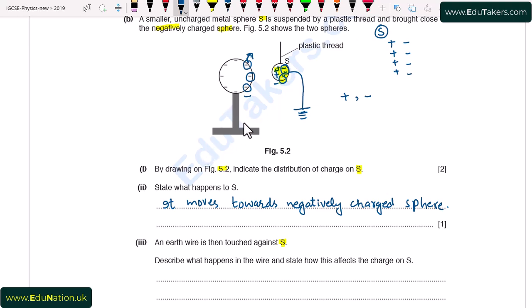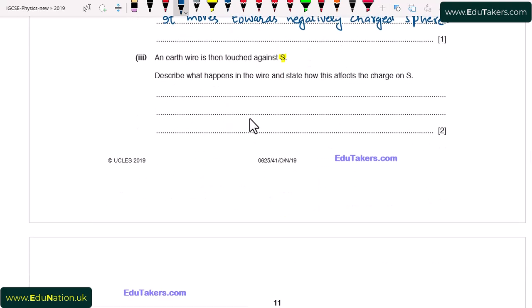So I write here: negative charges move towards earth. As a result, the sphere becomes positively charged.